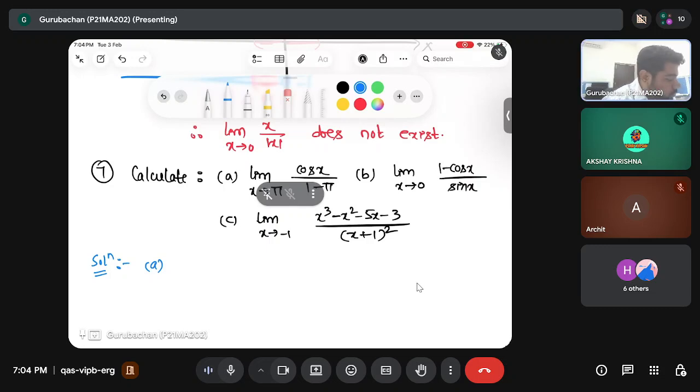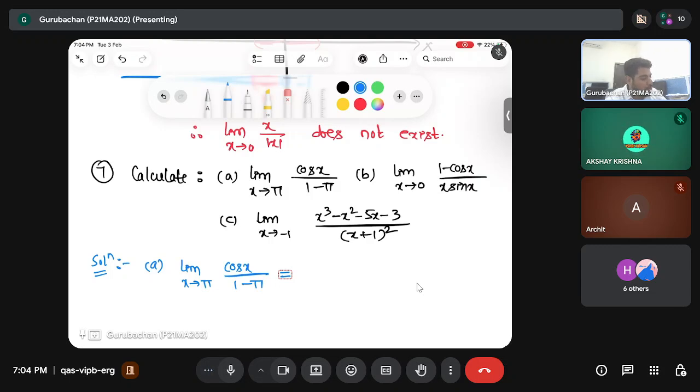Here is a typo. This is x sine x in the denominator. So tell me about the first one. What is the limit? How are you calculating? First of all, how many functions are there? Is 1 minus pi a scalar or a function?